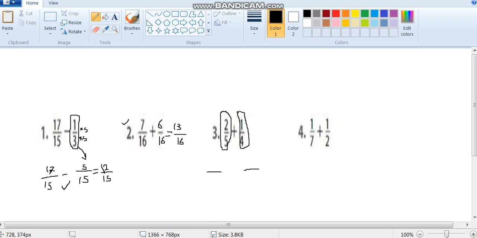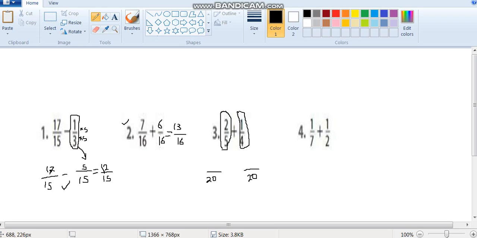But what common denominator will you choose? I said before, the easiest way in your mind is to multiply the denominators. 4 times 5 will be 20. So try to make a new denominator for both of them over 20.